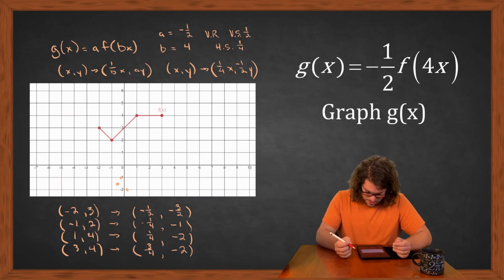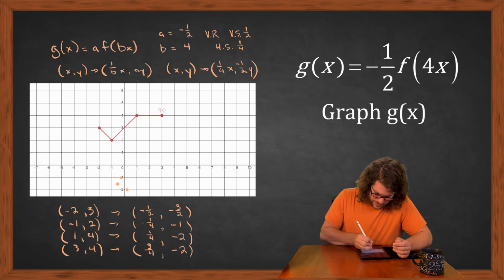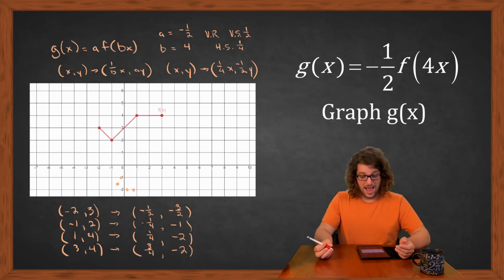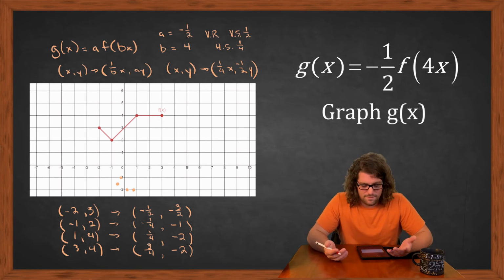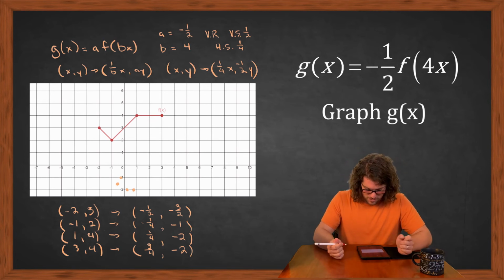And then lastly, (3/4, -2), so it's going to look like about that. Now that's going to be really small. Probably can't see it very well on your screen or wherever you're watching this.